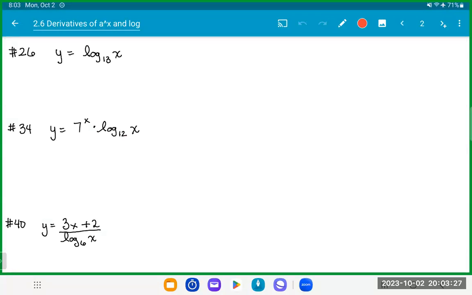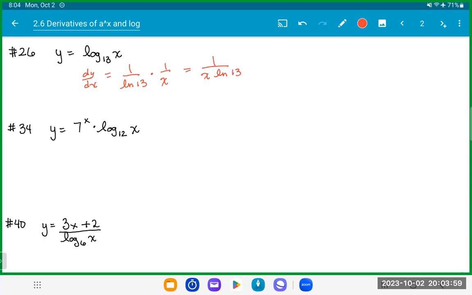All right, so number 26, now we're getting into theorem 13, with the log. So now we have log base 13. This would be dy dx is equal to 1 over ln of 13 times 1 over x. We can bring that together under one roof. Actually, it's more proper to put the x first, and then ln of 13.